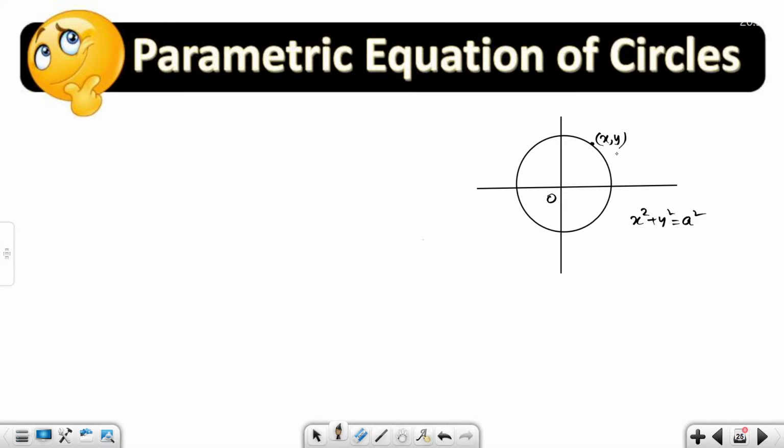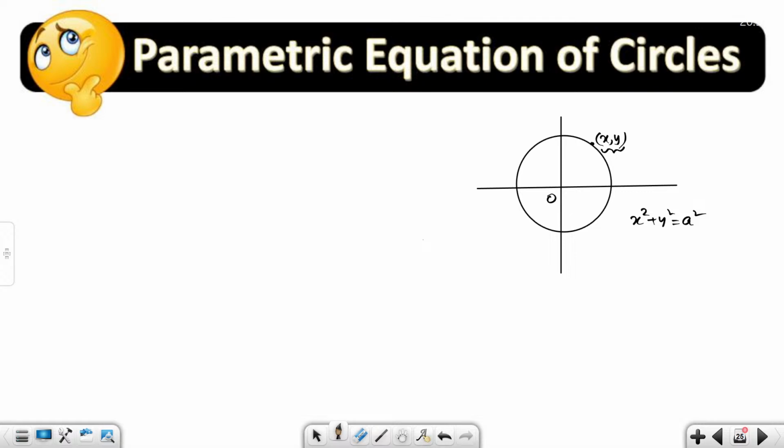Now if I say find a point on the circle and some conditions are given, you have two unknowns, x and y. To solve for two unknowns, you need two equations. And in mathematics, the more equations you involve in your sum, the more complicated the sum will be.